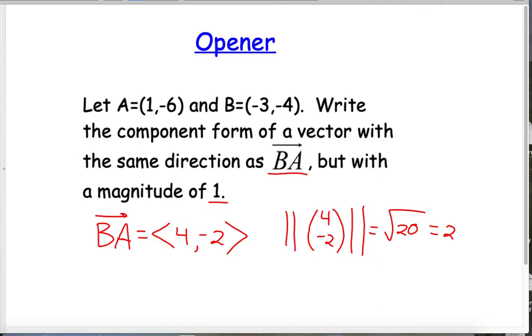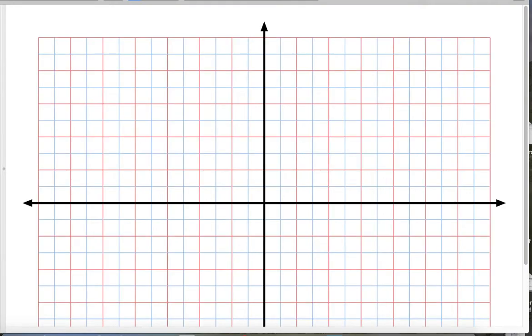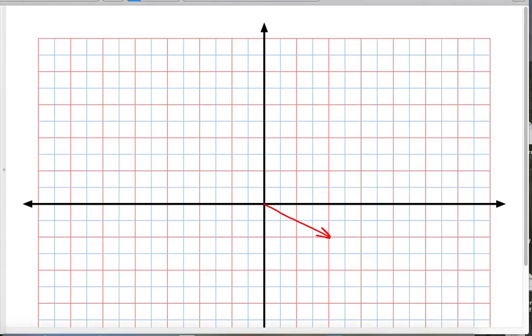Well, we need to shrink this vector down, but we're not going to change its direction. So let me draw the vector (4, -2). There's our vector right there. So what I'd like to do is shrink this thing down so that it only has a length of 1. Well, how can I do that?